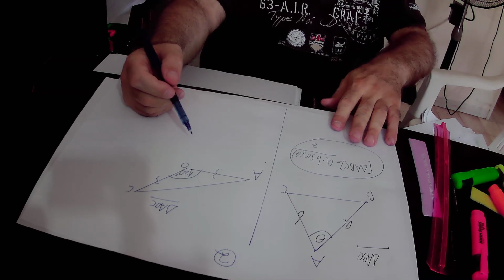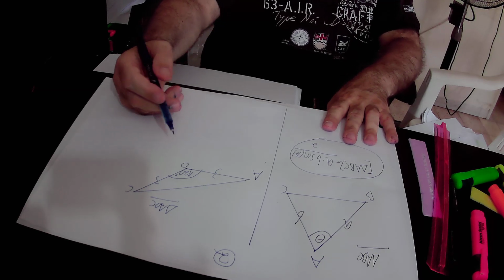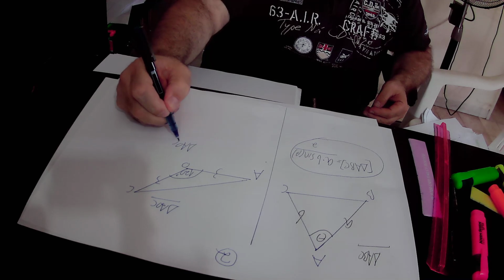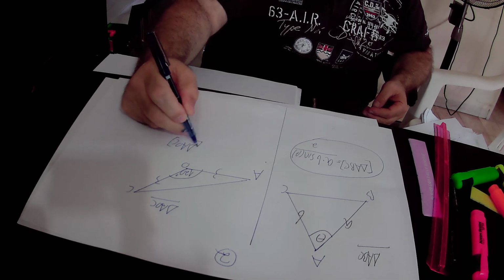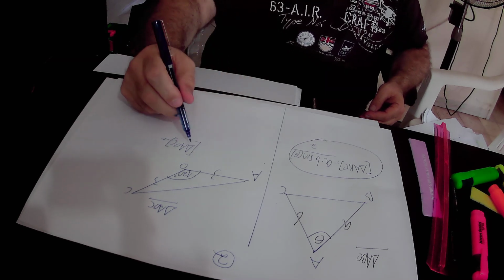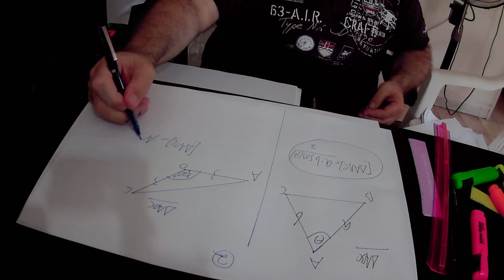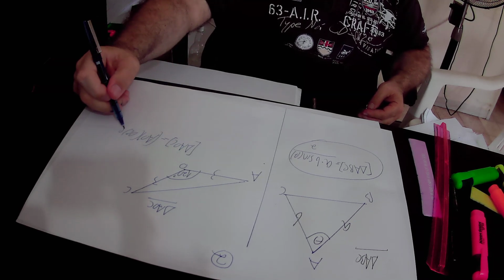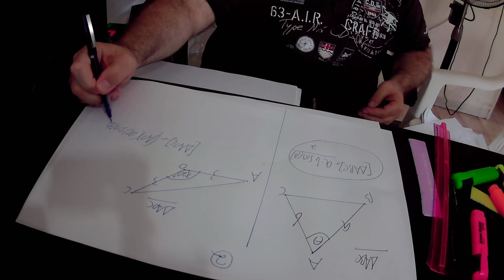According to the new formula, the area of this triangle AOC will be equal to AO times OC times sine 120 degrees over 2. Okay?